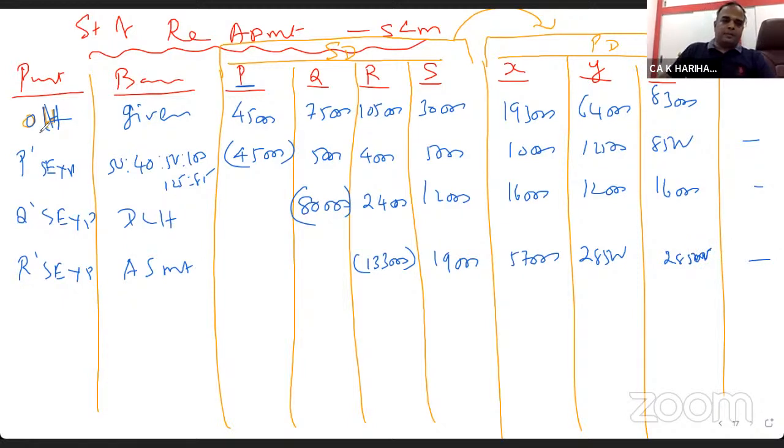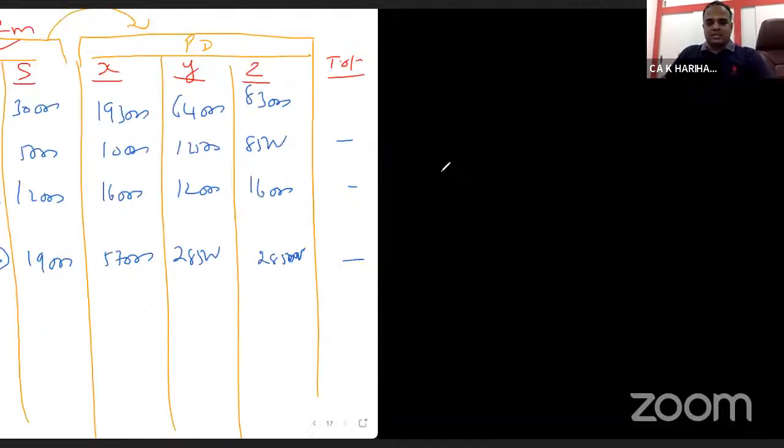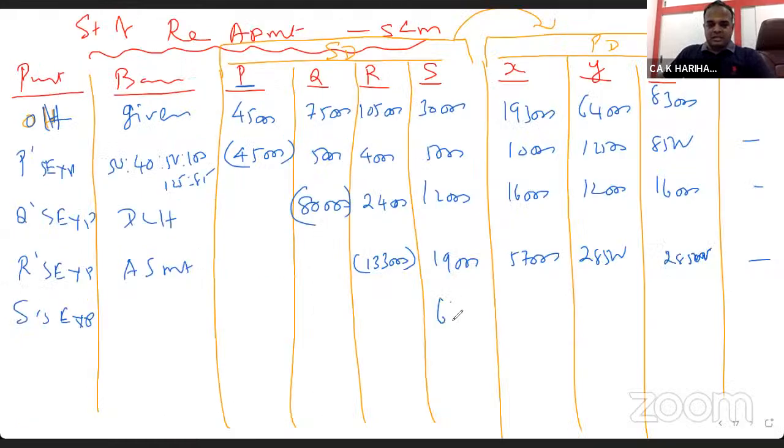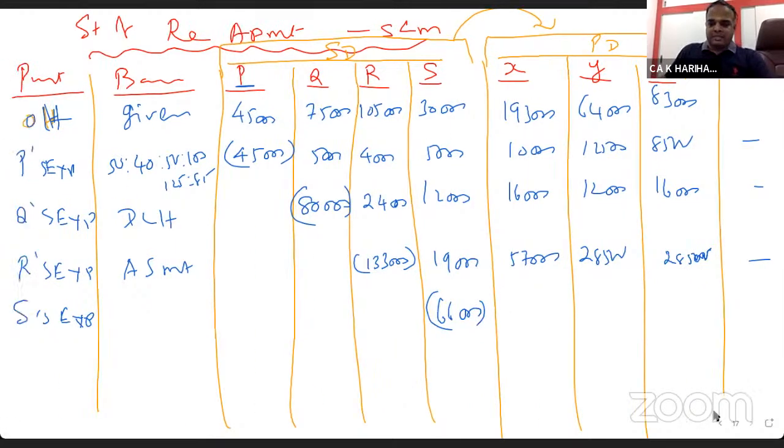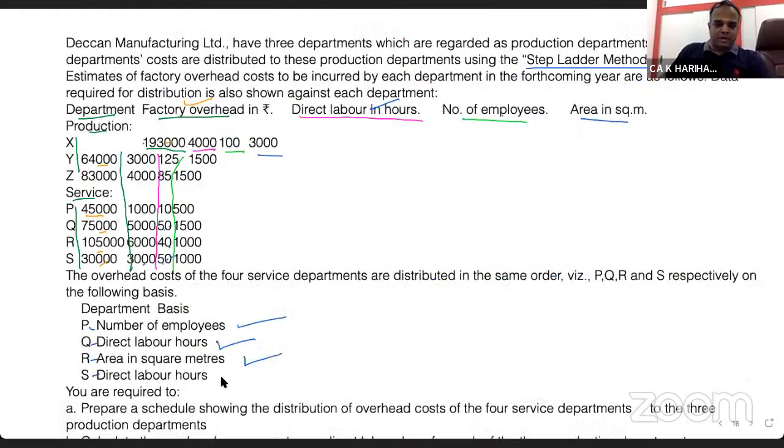Good. P, Q, R over. Last one, S's expenses. Total expense of S comes to how much? 66,000. On what basis do you have to apportion the expenses of S? You have to apportion based on direct labor hour.